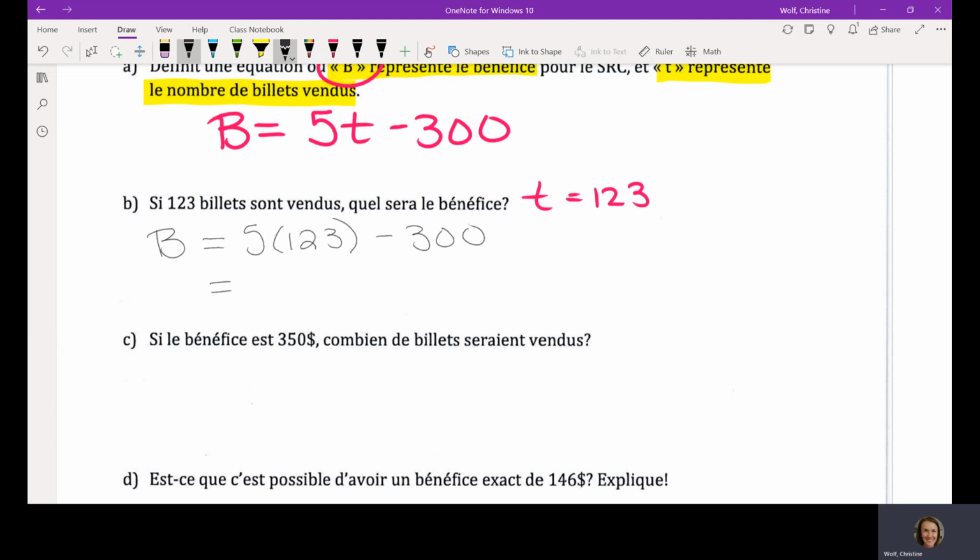Et tu juste simplifies. So tu fais 5 fois 123 et on reçoit 615, mais il faut payer le DJ. So enfin, le SRC ramasse un bénéfice de 315 $.